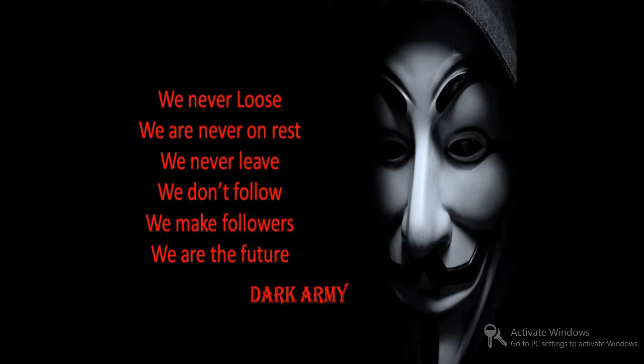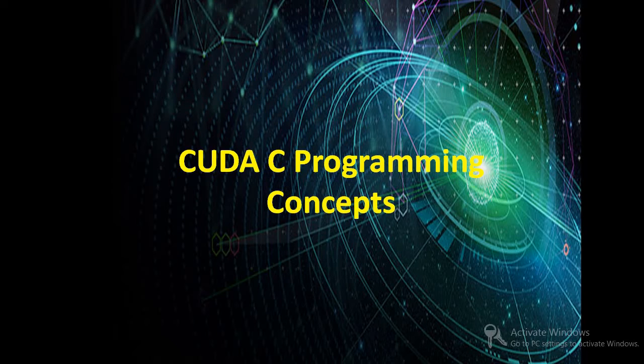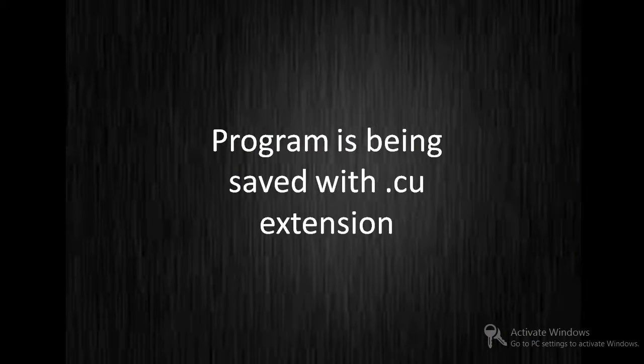Before we start programming, I want to tell you some CUDA C programming concepts and some technical terms I'm going to use in this series. First of all, the .cu extension is used for saving CUDA programs. CUDA Toolkit enables Visual Studio to understand that .cu files are for NVCC.